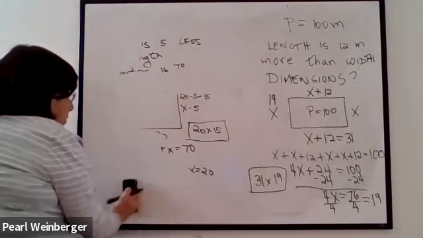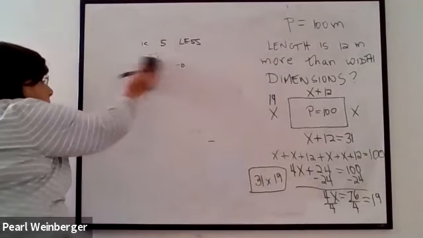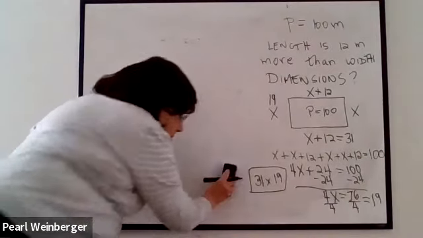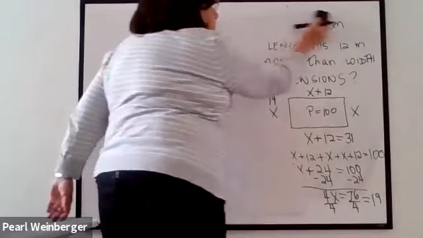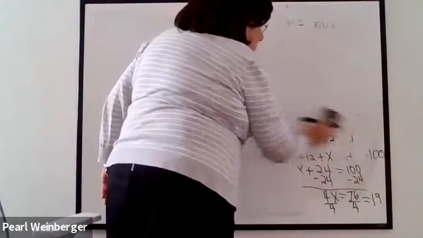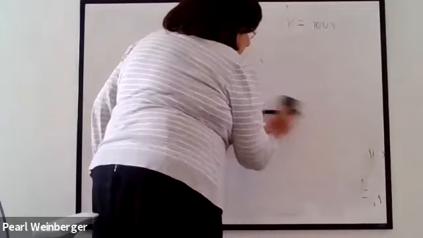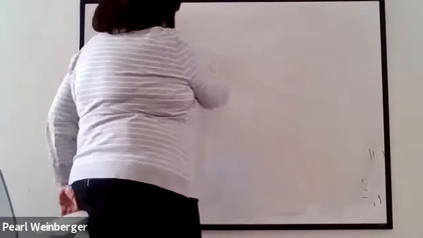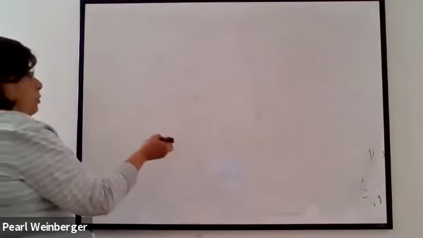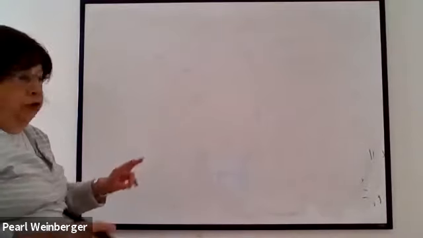I just want to remind you how we graph on what's called the Cartesian coordinate system, this graphing system that we use in mathematics. What we're going to do is we're going to graph in 2 dimensions.